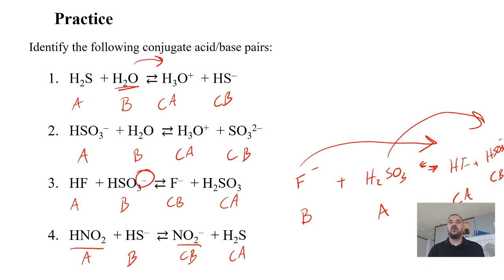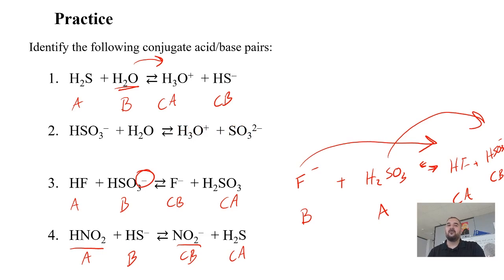For number 2, if we weren't looking at the other side, if we were just looking at this, how do we know what's what? So let's ignore this and just look here. I know it does look like it is negatively charged. But in this scenario, it would be really tough. The only way to do it would be to look at your conjugates.